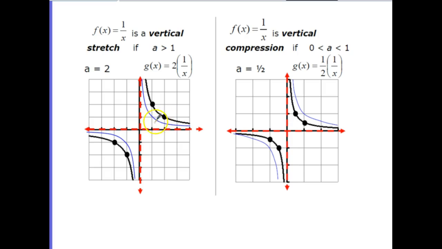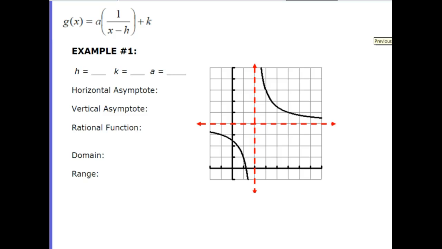It's been stretched, it's been pulled out. This A equals 2 makes it stretch. A equals 1/2 makes it shrink. This is the parent graph. This is the new graph. It's been pulled in closer. It has been shrunk. Let's do some examples.